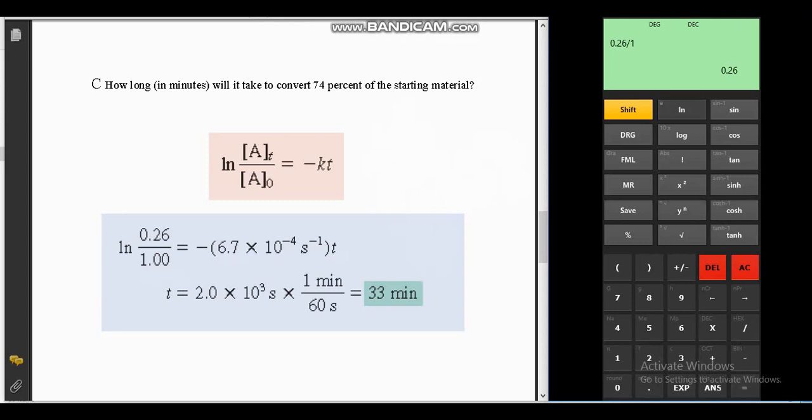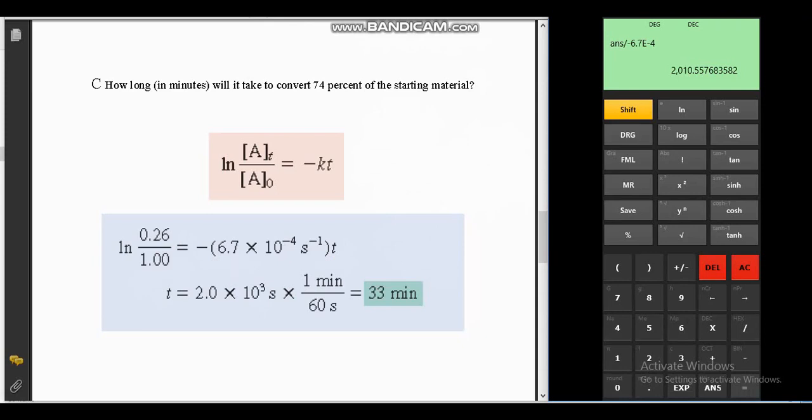So the natural log of the answer, which is 0.26, we are getting negative 1.34. So this will be divided by the K value, that is negative 6.7 exponent negative 4.